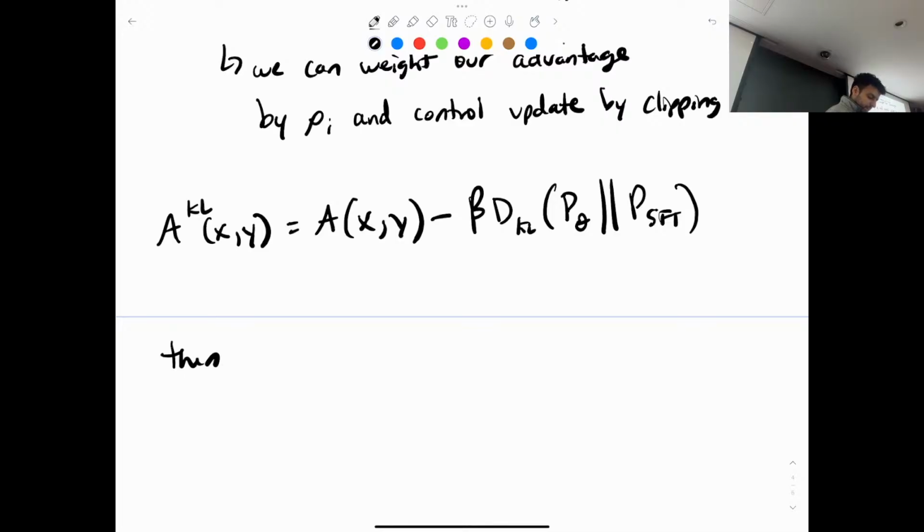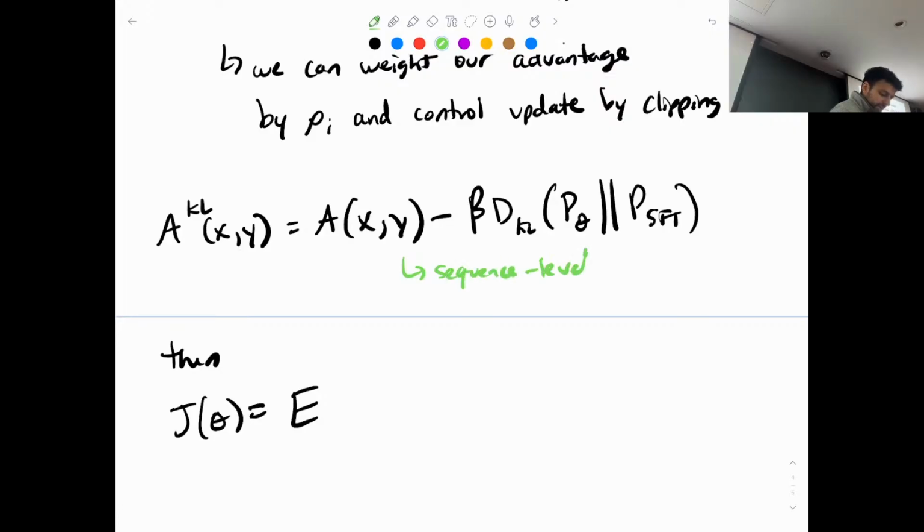So then we have our J theta equals, and here it's important now that we're dealing with these token level policy ratios to rewrite this whole J in terms of token level rather than sequence level. All of these are sequences, but we know that we can sum up the contributions of the KL term at every token.